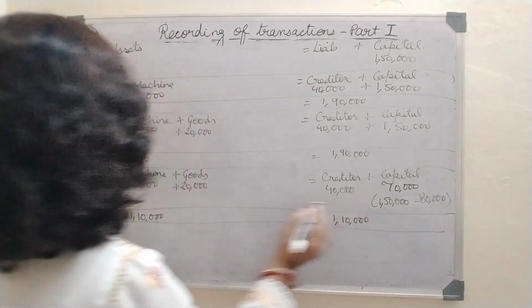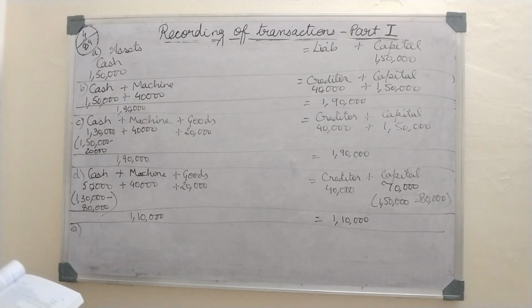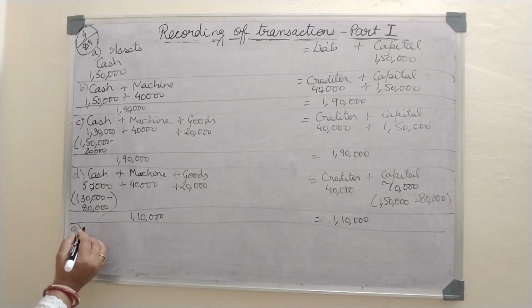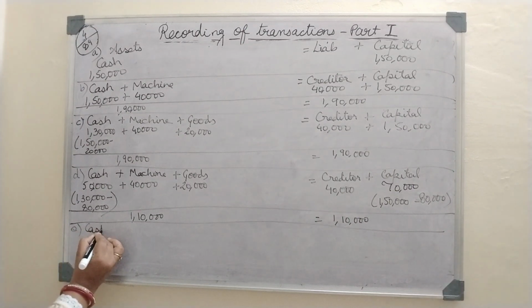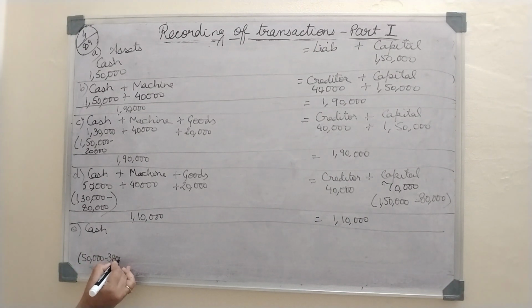Now we move on to the next part, E. So E part is paid to creditors in full settlements 38,000, right? So it means again we have received the discount. So when we have paid means our cash has again reduced. So cash was how much? 50,000 minus 38,000.